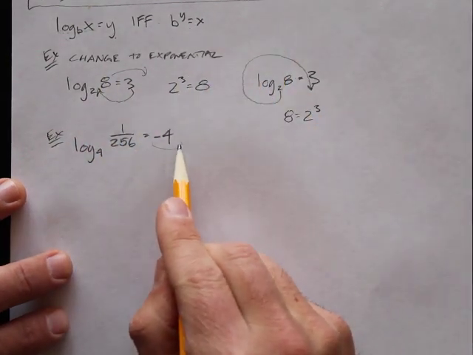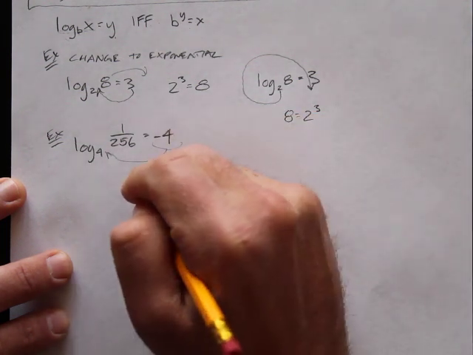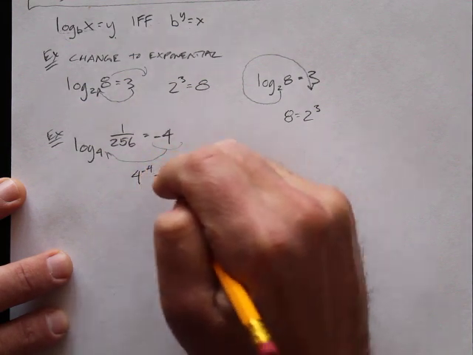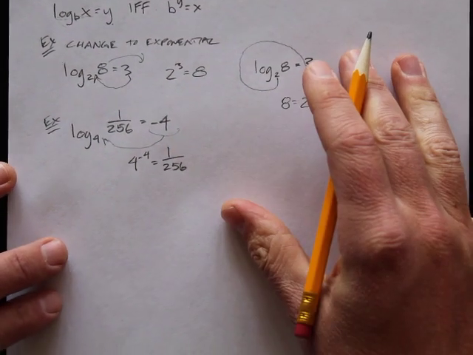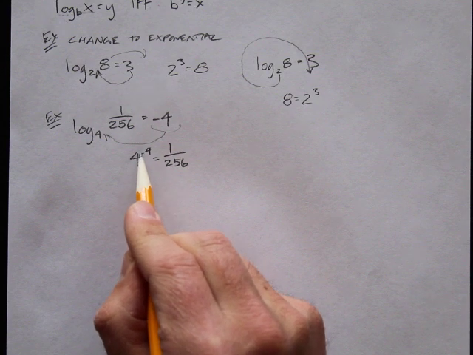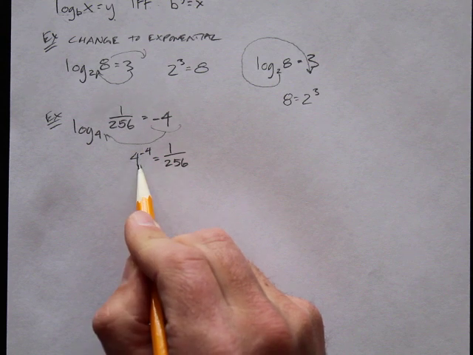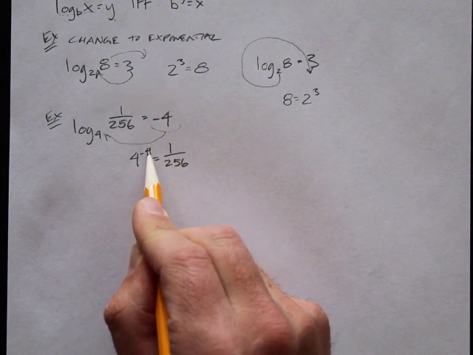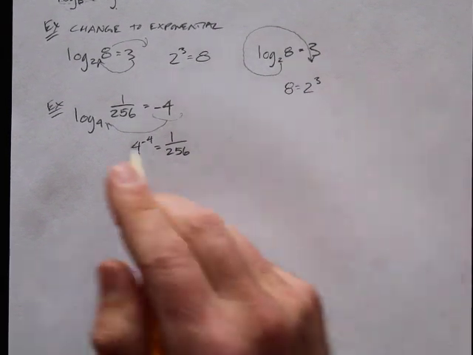So I'm going to take this negative 4, I'm going to jam it up in there, and I end up with 4 to the negative 4 power equals 1 over 256. 4 to the negative 4, so that means that negative there puts 4 underneath the fraction line, and then 4 to the 4th power is 256. So this is a correct statement here.